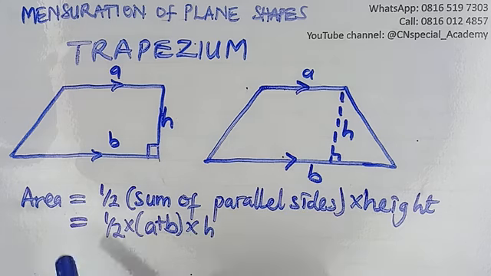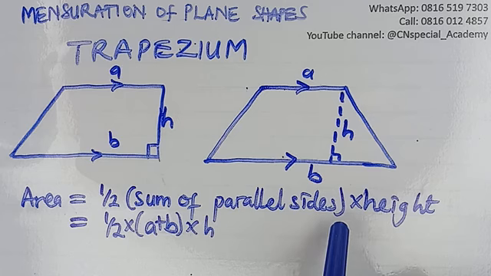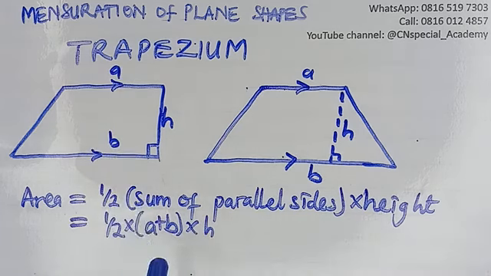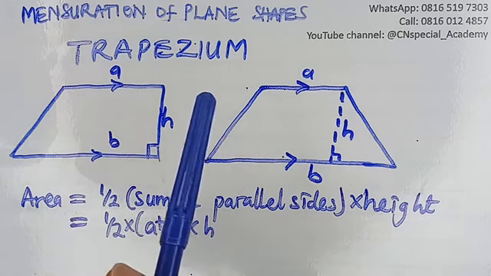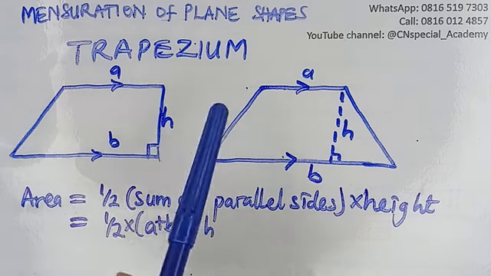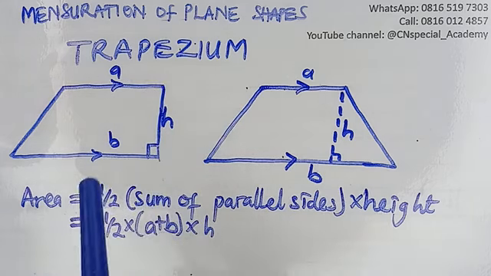For the area of a trapezium, it is equal to the half sum of parallel sides times height. So we add the two parallel sides, for these shapes AB as the parallel sides, so length A plus length B, times the height.